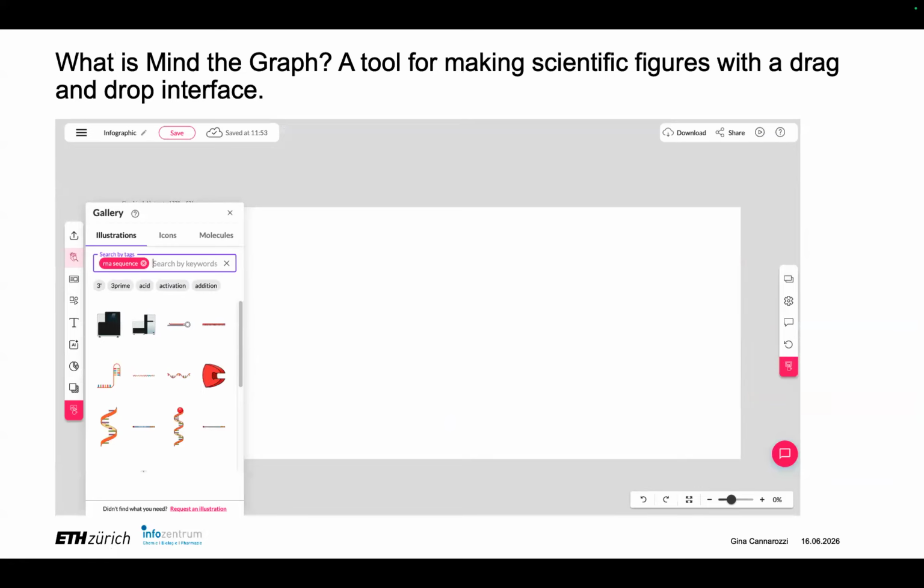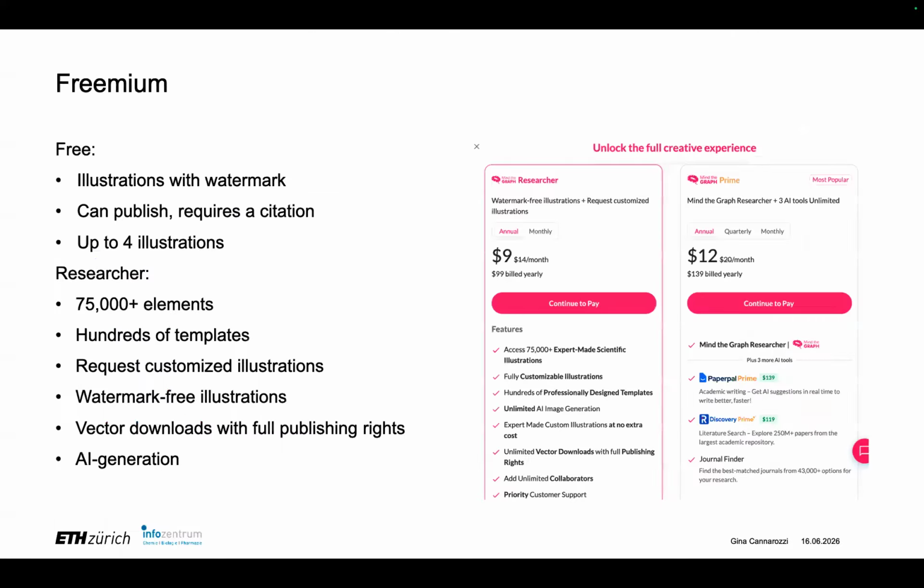So Mind the Graph is kind of the same kind of interface, but it's much cheaper. It operates under the freemium model. That means they have a free level. At the free level, you can make illustrations and use them, but they will have a watermark, and publishing requires a citation, and you can have up to 4 illustrations at a time.